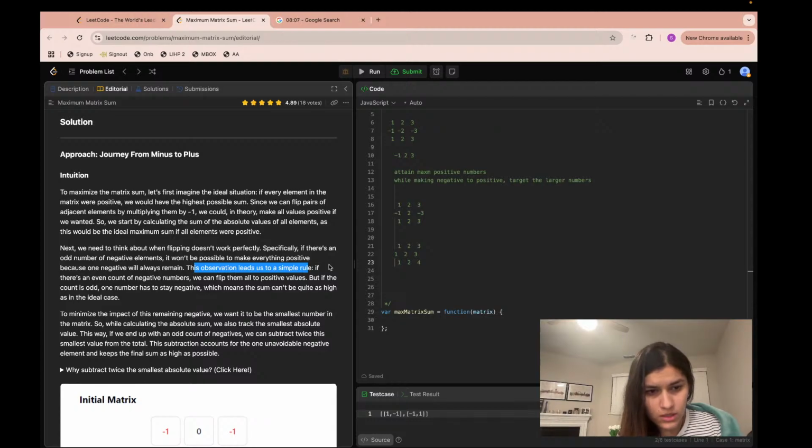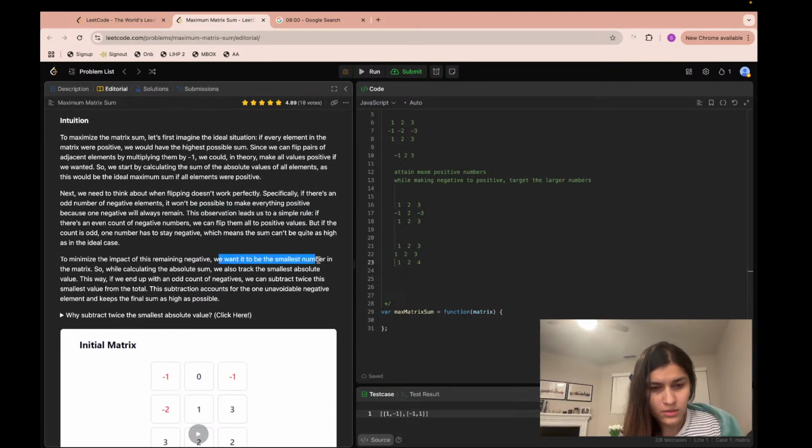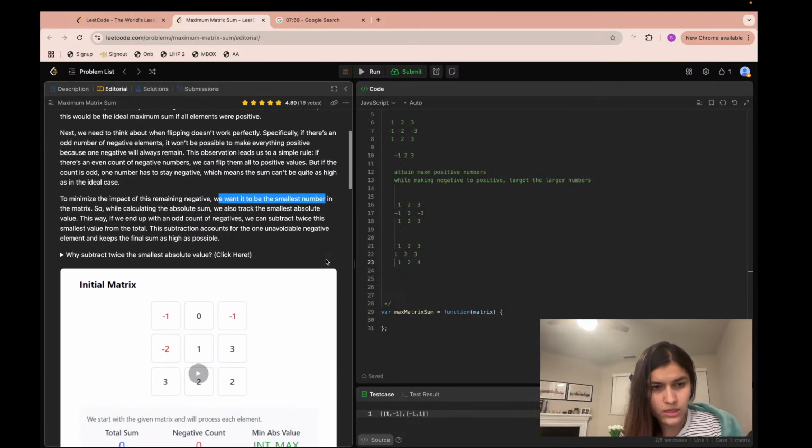But if the count is odd, one number has to stay negative. So to minimize the impact of remaining negative, we want it to be the smallest number of the matrix. So while calculating the absolute sum, we also track the smallest absolute value. This way, if we end up with we can subtract twice. The subtraction accounts for what?